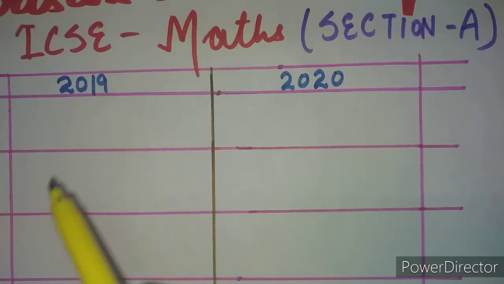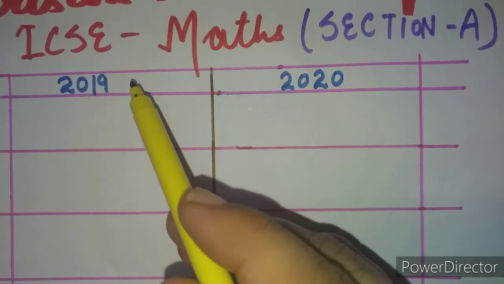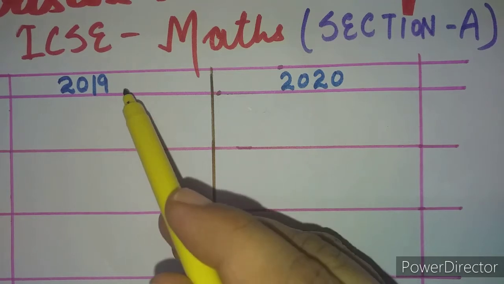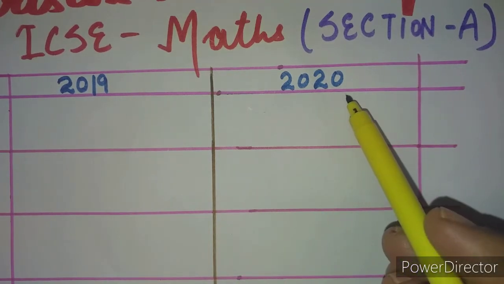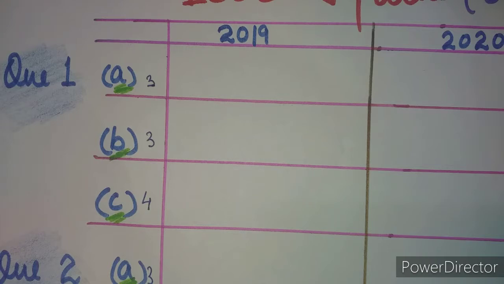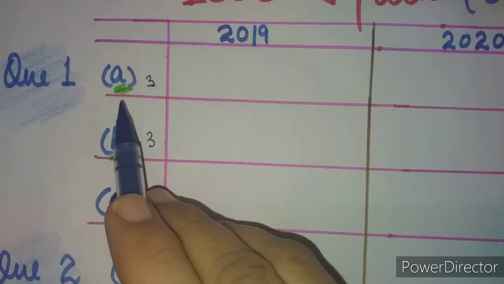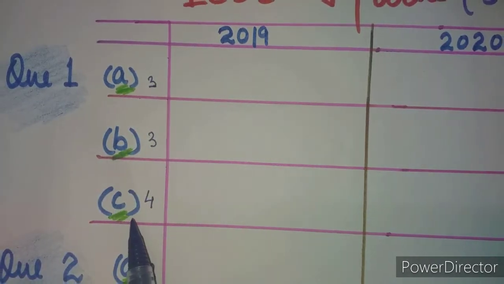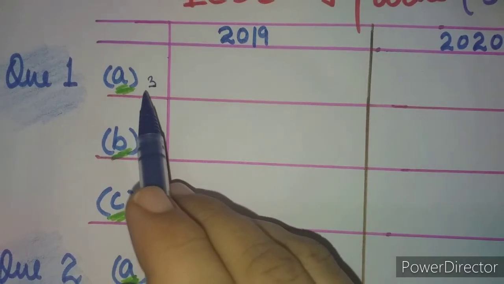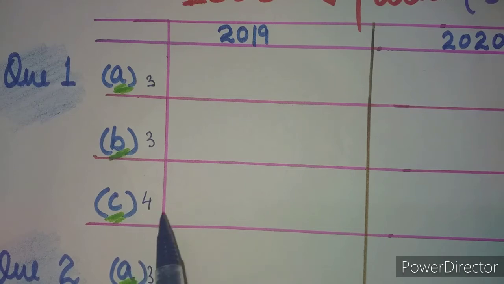So let us begin. This is the column for 2019 questions and this is the column for 2020 questions, right? In question number 1 we have got 3 subparts, and in 99% of the cases all the 3 subparts have the marking scheme 3, 3, 4. It is only in rare chances that questions are asked as 5-5 or 4-6 or 6-4.